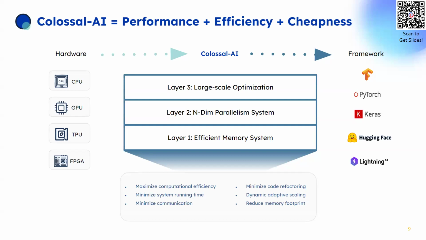G is 10 to the power of 9. That's just for the parameters. We also have the gradient. For Adam or similar optimizers, we need the first momentum and second momentum. Each of these is also 800 GB.